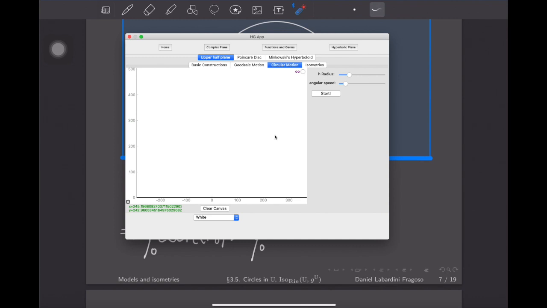Just take the tire of a bike, and if the bike is going at constant speed, the tire moves with constant angular speed, and it turns around its center. So I'm going to show the same thing, but in the hyperbolic plane, as if the tire lived in the hyperbolic plane, and one is seeing the hyperbolic center. So for that, I choose some center.